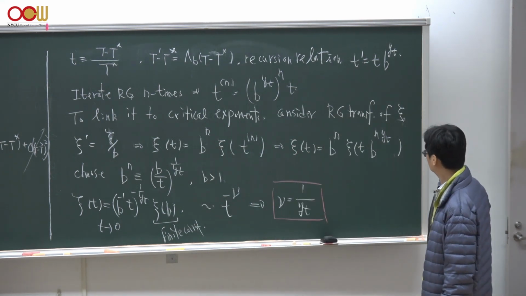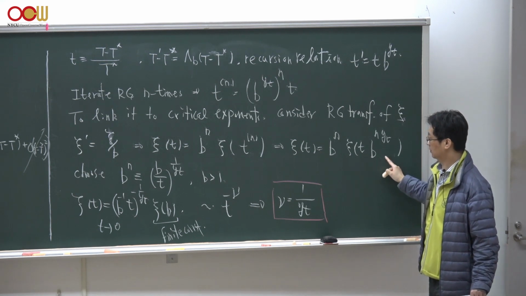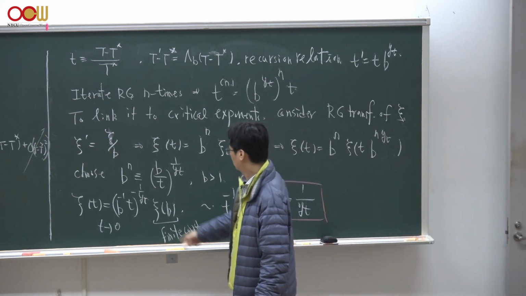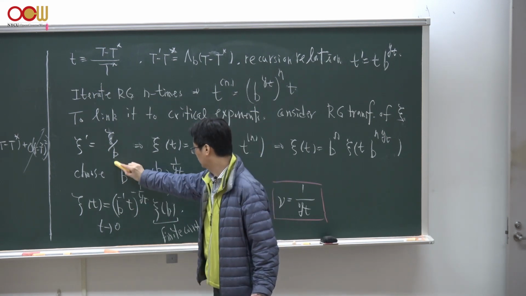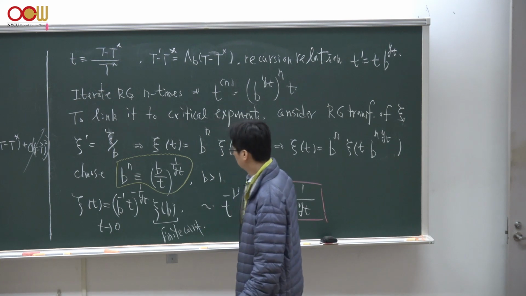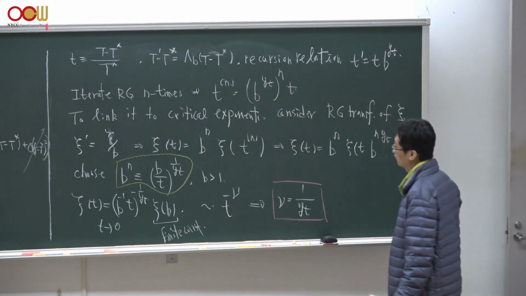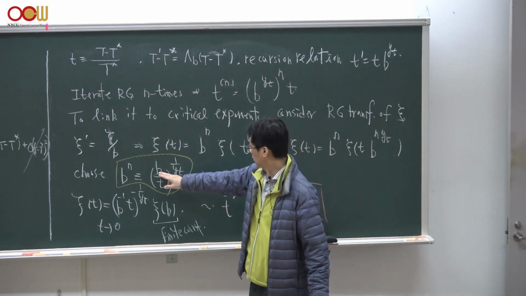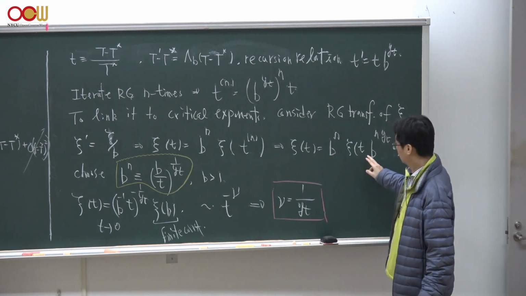Now you can simply plug in this t_n back into the argument of the transformed correlation length, and we can choose this b to the power of n, as I mentioned many times, as we like, because this factor of b is arbitrary, so we can choose whatever value is convenient. In this case, we choose this factor to cancel the dependence on t.